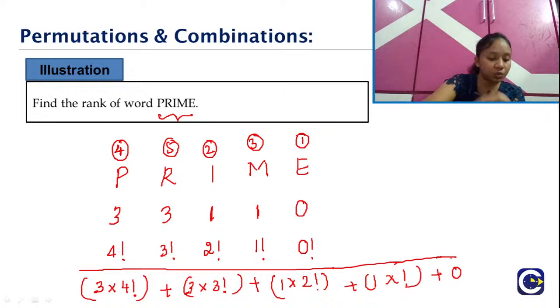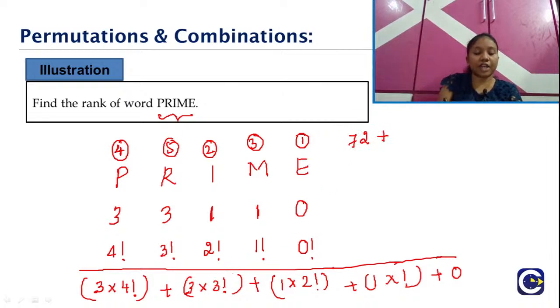So let's see if anyone has already given the answer. Okay, so you can just calculate the value according to our factorials here. So 4 factorial will be 24. 24 into 3 will be 72.